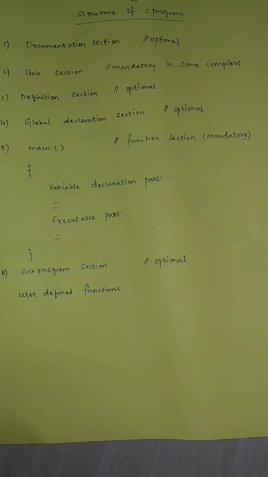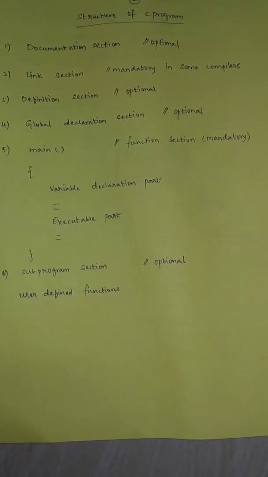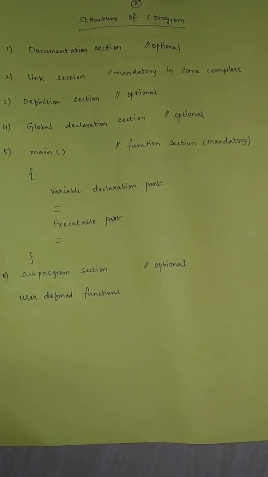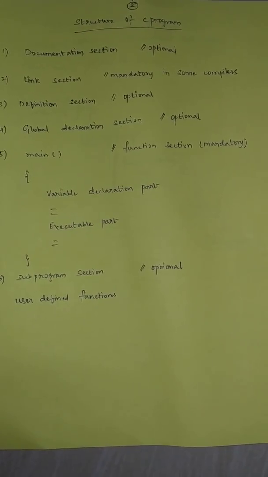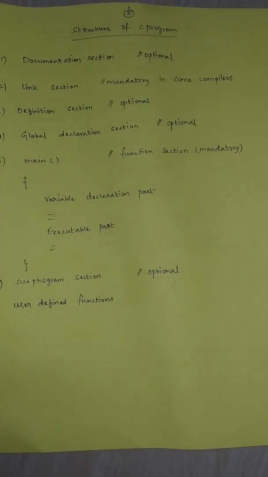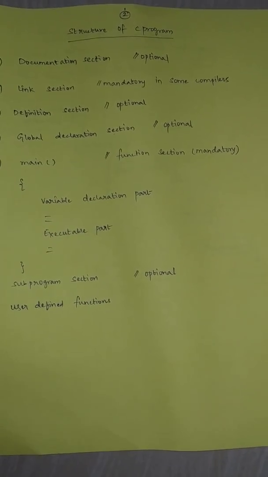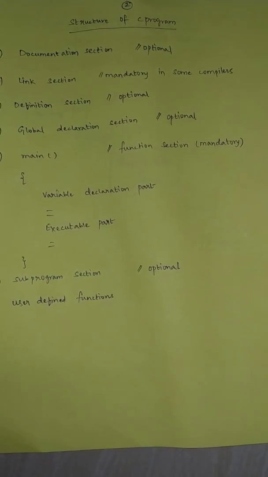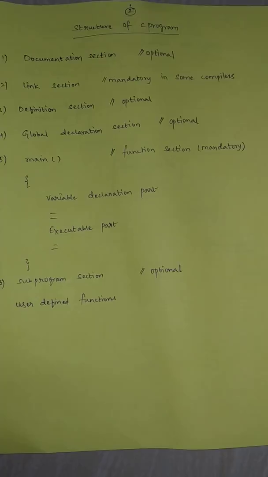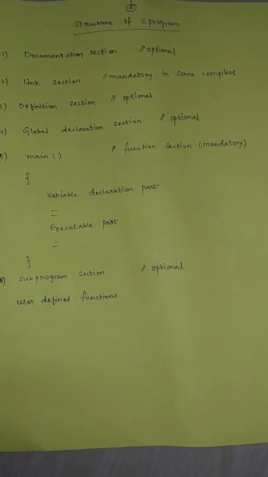Next, the fourth one is the global declaration section. Here declaration is generally done in the main. Declaration is nothing but declaring your variables, like we write int a or char b. So these are declarations. These declarations can be done globally, in the sense that whatever you write above the main function is called global.